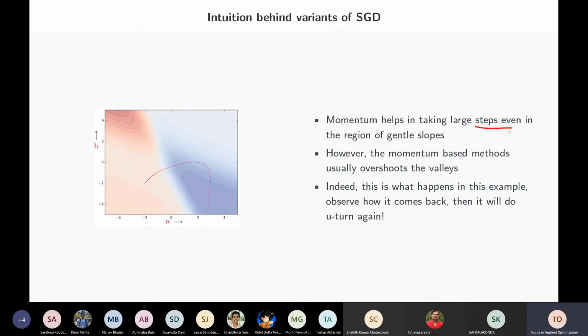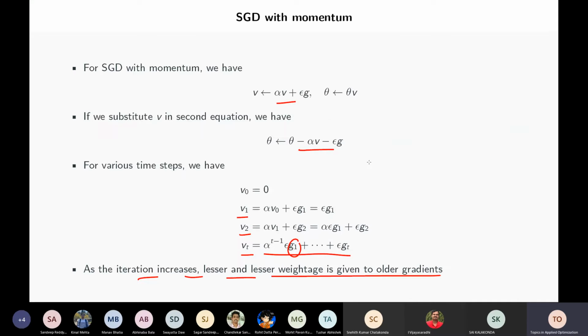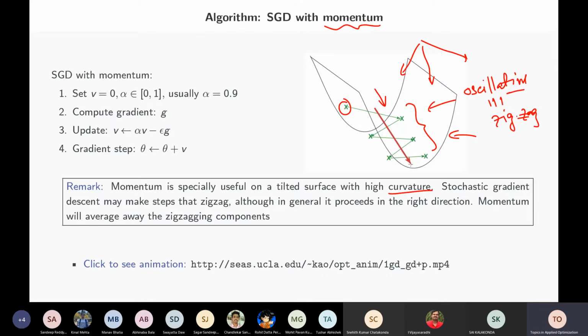So it helps in taking large steps in regions of gentle slopes, because I'm not that afraid now. If I use the original gradient descent method, taking a large step is problematic: that was not the correct direction, and then I took a large step, so I went in a very bad direction somewhere here.